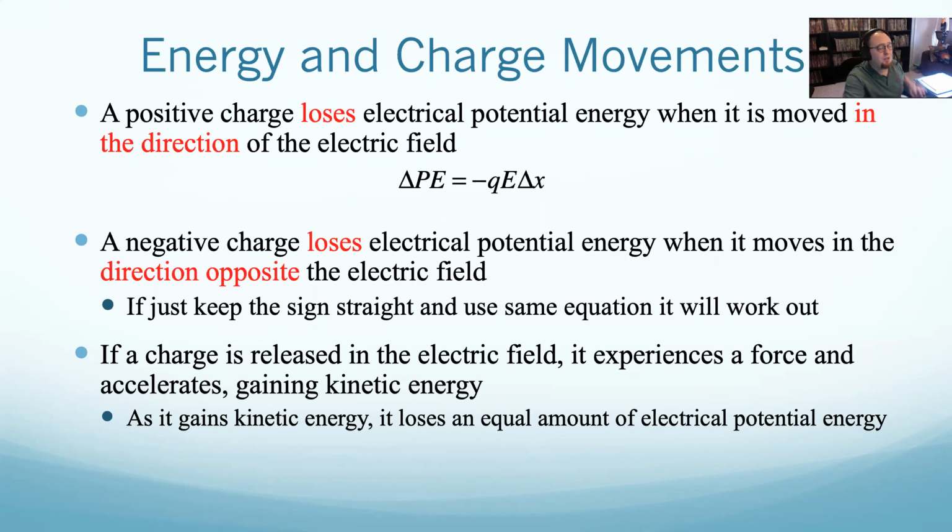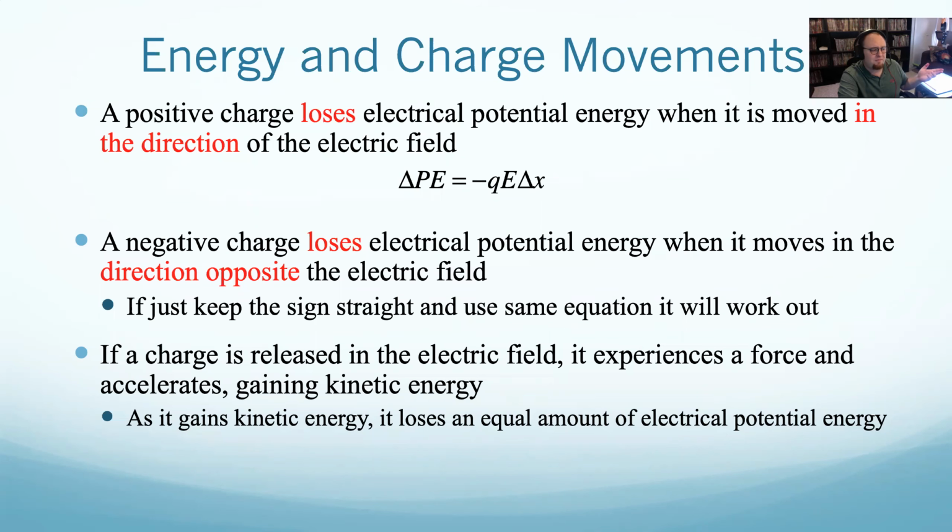And what happens if you put a charged particle in an electric field? It feels a force. We covered that last chapter. That force, F equals ma, gives an acceleration. And so what's going to happen is the charged particle will lose potential energy and start moving. And that potential energy will become kinetic energy. And as it gains kinetic energy, it will be moving.